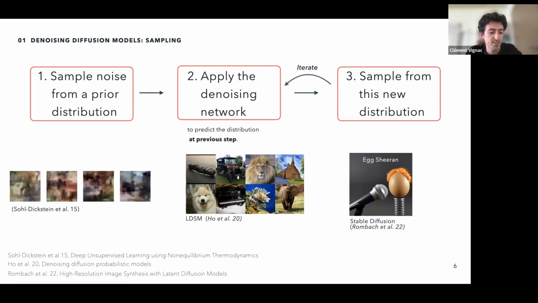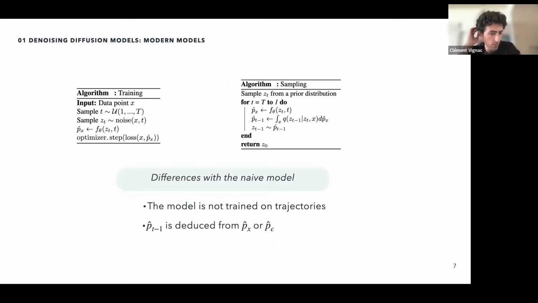I love this Sheeran example. So what was wrong in early diffusion models, and what was fixed in the more recent ones to get good samples like this? To understand this, let's look at the algorithms of modern diffusion models.